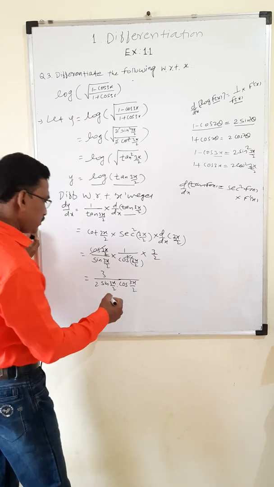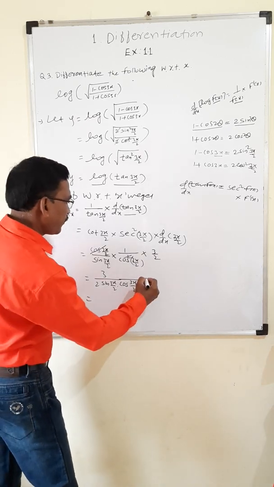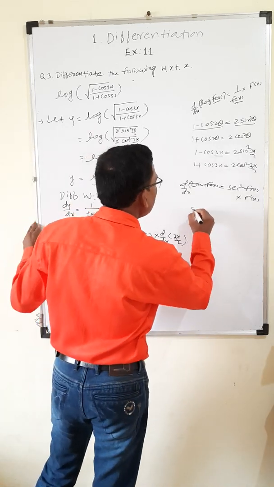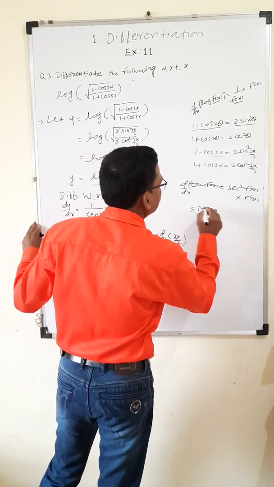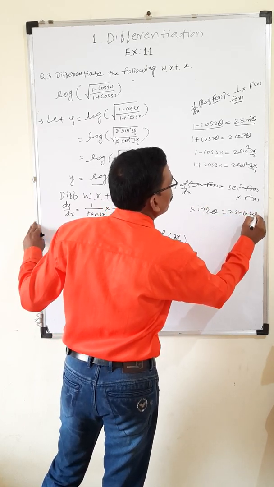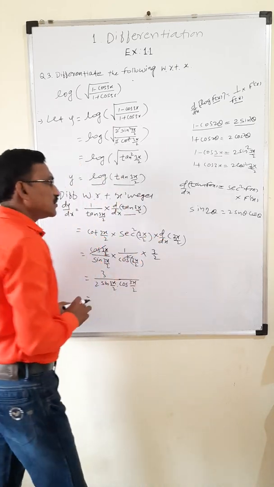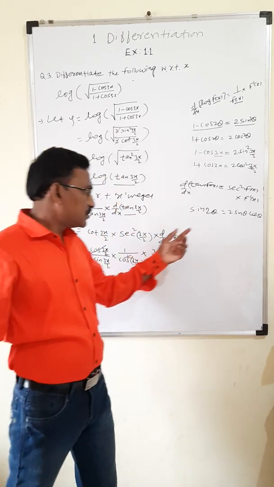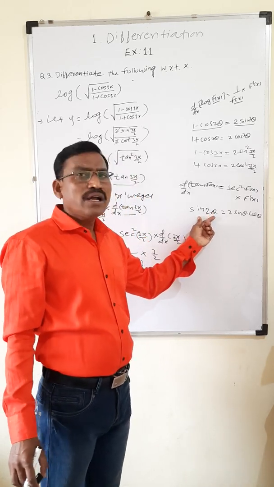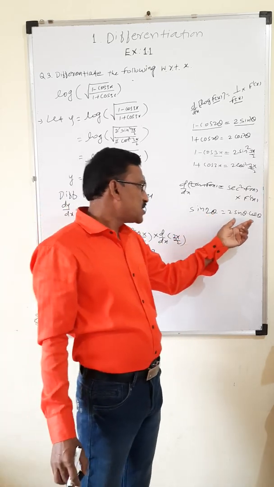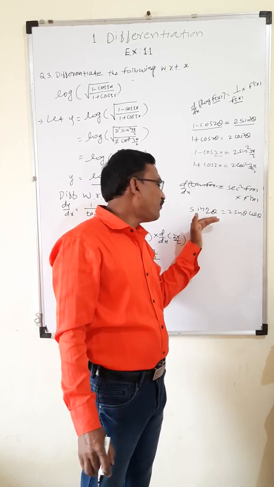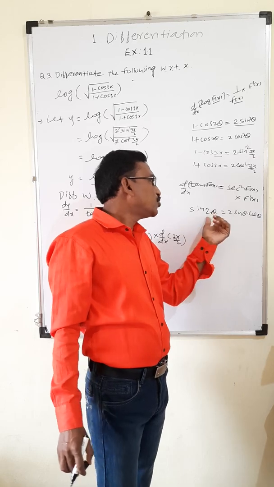Again we use the double angle formula: sine 2 theta is equal to 2 sine theta into cos theta. Whenever it reads sine 2 theta on this side, take the angle as single, half the angle: 2 theta, theta.